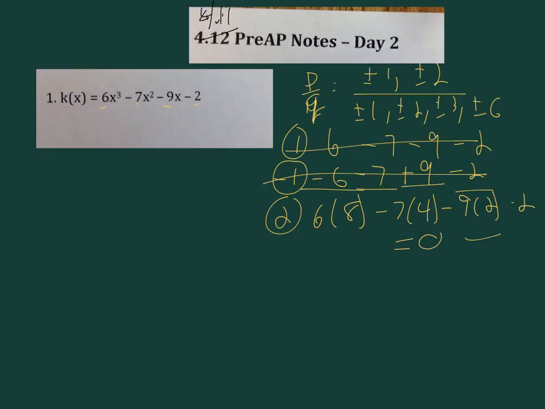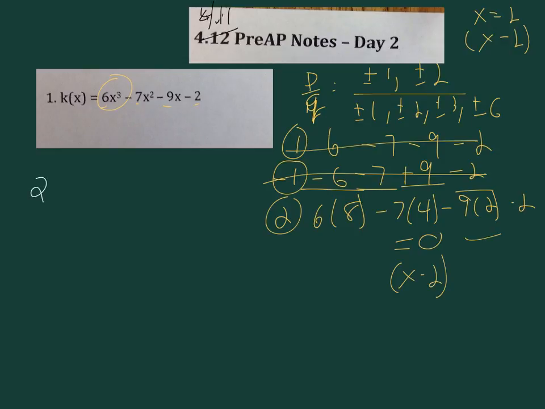All right, so if 2 is the solution, so x is equal to 2, then that means that x minus 2 would have to be one of the factors. And remember that we should be expecting 3 because it's a cubic. So we know that x minus 2 is one of them because the positive 2, which was the solution, divided it evenly. So now we'll use our synthetic division to break this down.